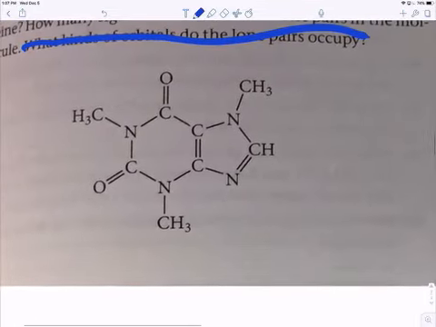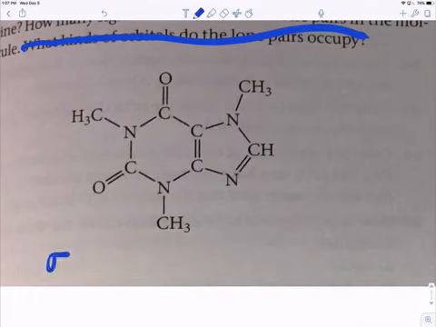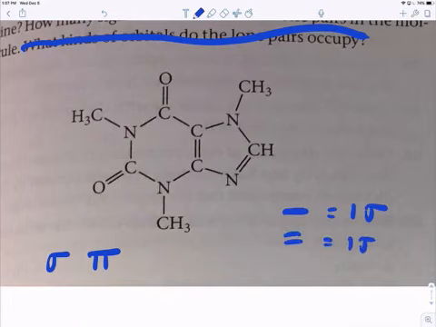So here's caffeine. So the sigma and the pi. A single bond is 1 sigma bond. A double bond is 1 sigma, 1 pi. A triple bond is 1 sigma and 2 pi bonds.